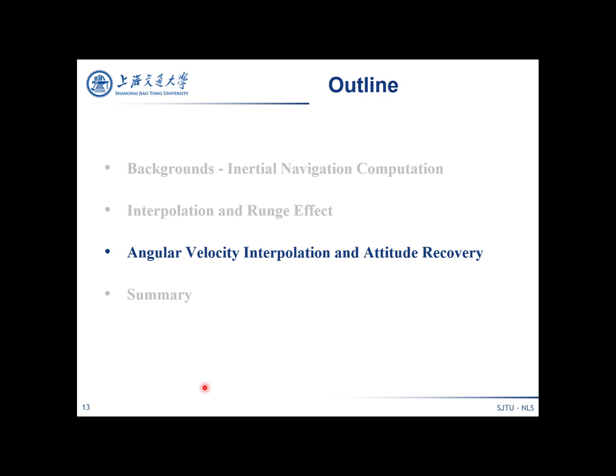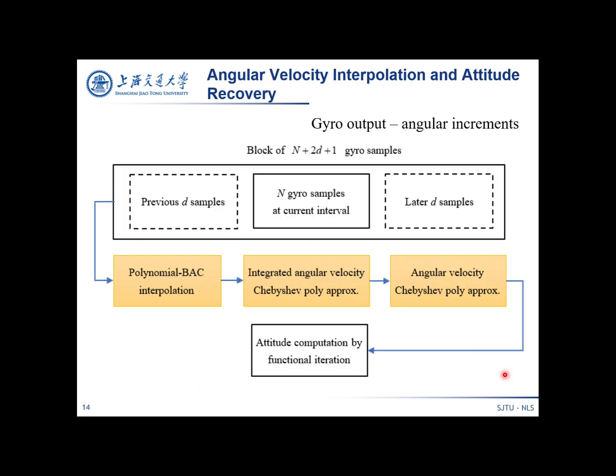Next, the interpolation methods are applied to gyroscope measurements for attitude recovery. Gyros usually have two output forms, angular velocity and angular increment. We take the angular increment as an example.